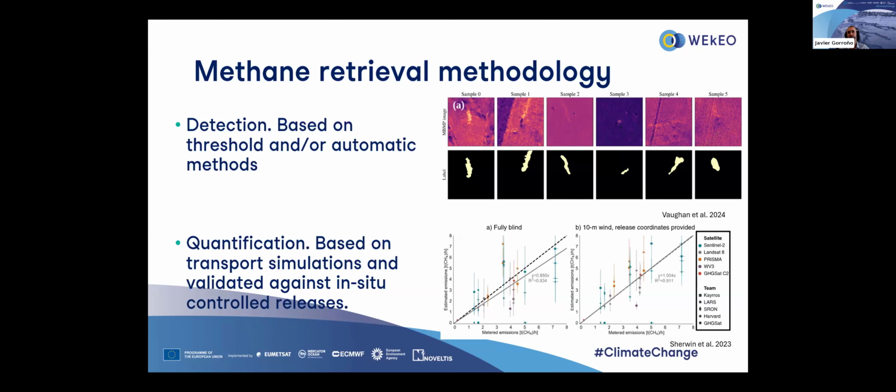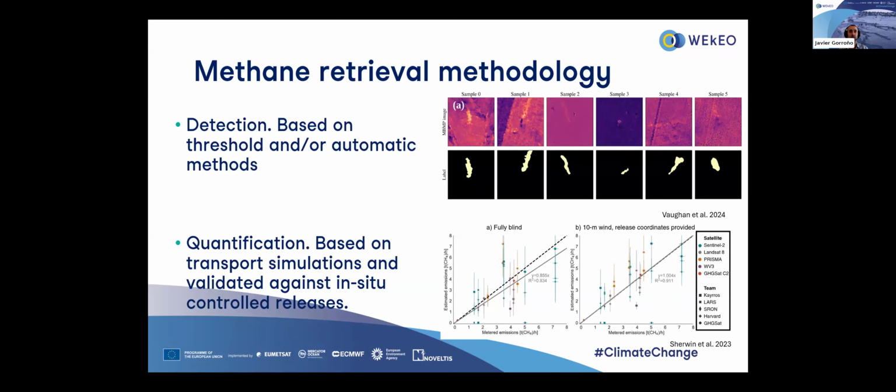In the beginning we used to do that, but it came to a point where you've got hundreds or even thousands of plumes, and it's almost impossible. Then at the quantification level, we take this mask and convert it into kilograms per hour, which is the quantity we are looking for, and estimates how much methane is being released per hour.